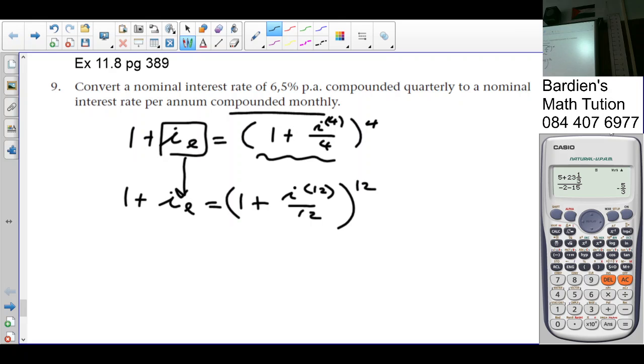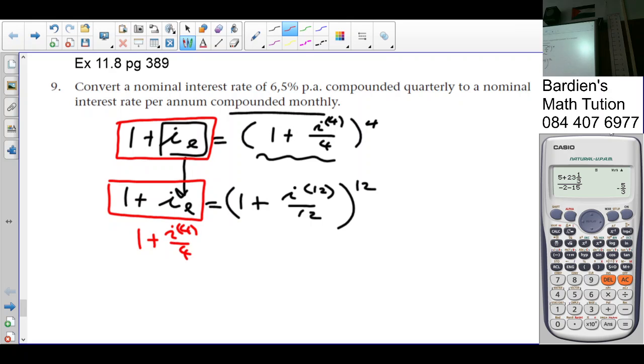Don't you see that 1 plus i effective is exactly the same as 1 plus i effective? So what can we say? (1 plus i to the 4 over 4) to the exponent 4 is equal to (1 plus i to the 12 over 12) to the 12.